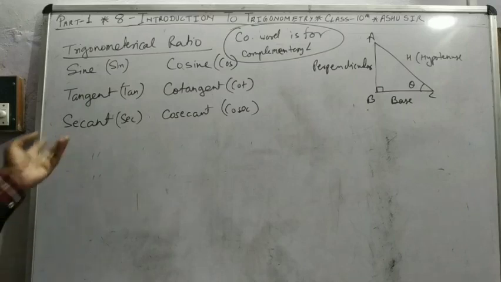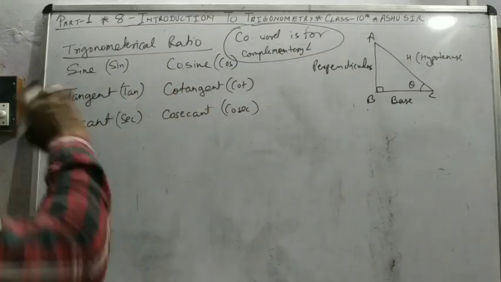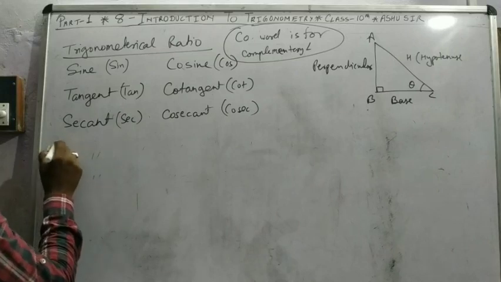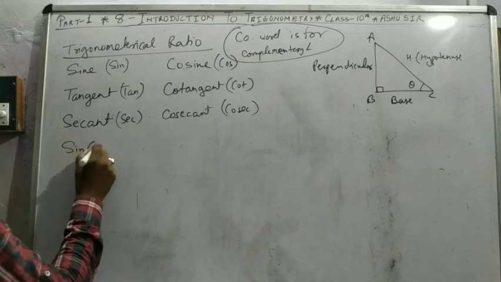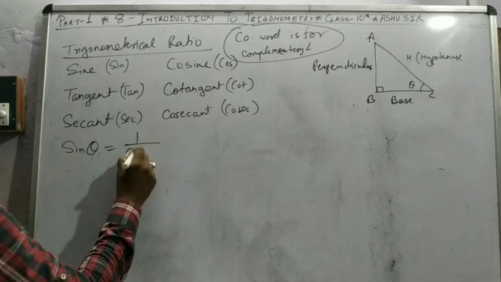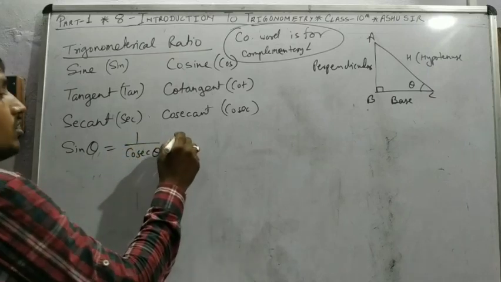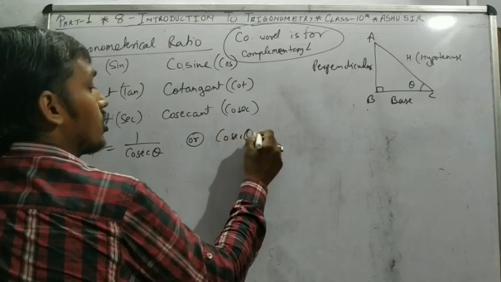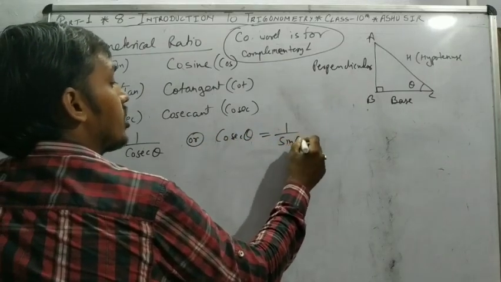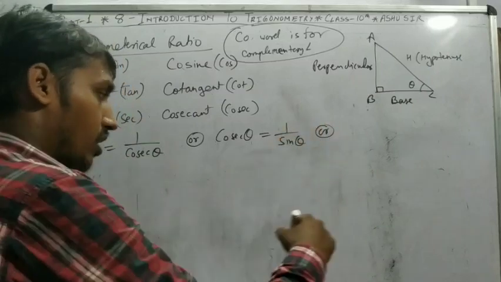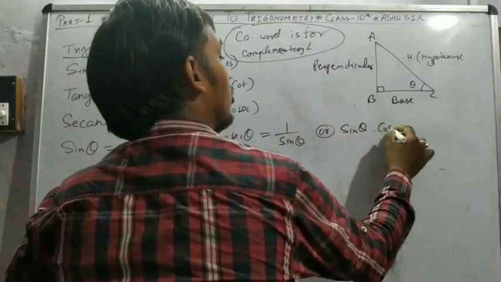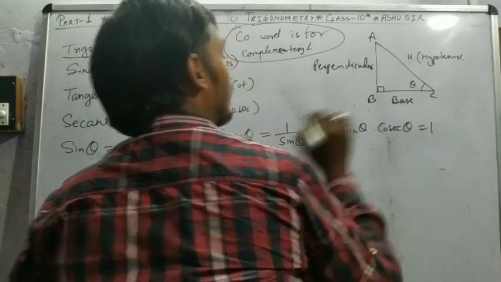But there are also relationships between them by interchanging. You know, sine theta is the reciprocal of cosec theta, or you can say cosec theta is the reciprocal of sine theta, or you say sine theta into cosec theta is equal to 1.